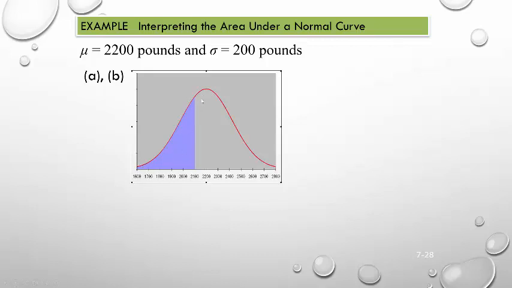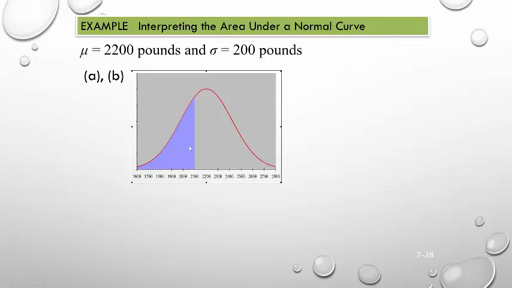This normal curve represents the distribution of giraffe weights, and that makes sense. If the average giraffe weight is 2,200 pounds, there'll be some giraffes who weigh a lot more, but not as many, and some who weigh a lot less, but not as many.